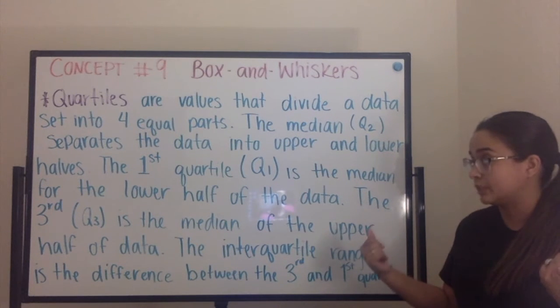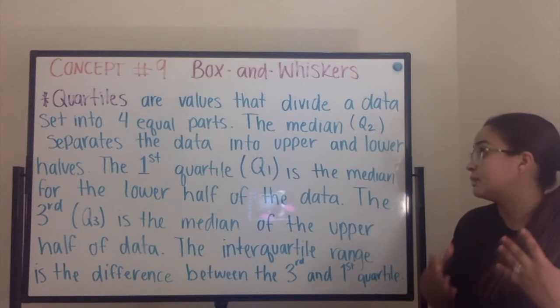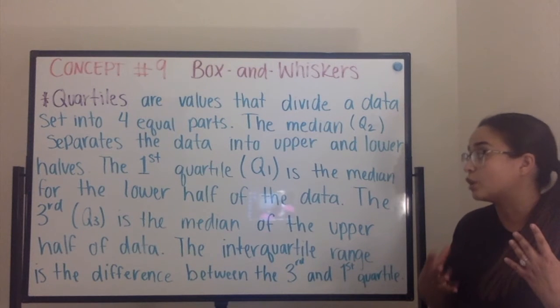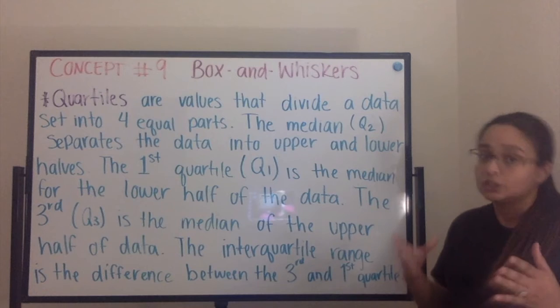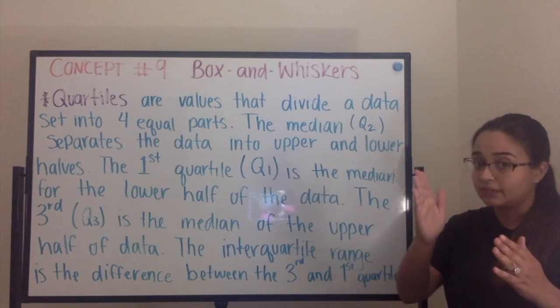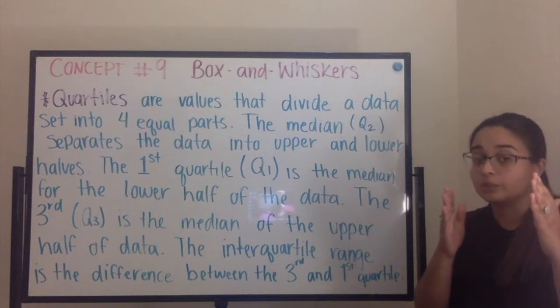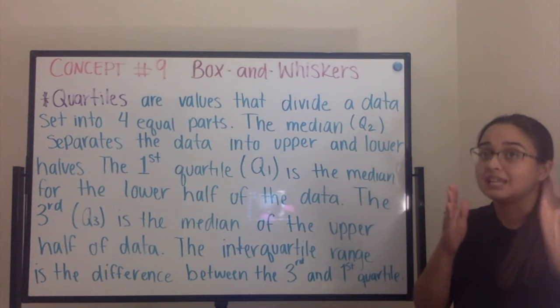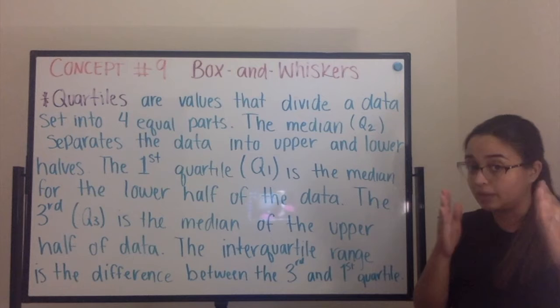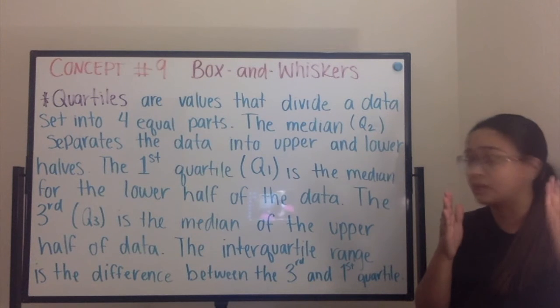The first quartile, Q1, is the median for the lower half of the data. So Q2 is a divider for the lower half and upper half. Q1 is going to be the median of that lower half only. Okay? Keep that in mind.